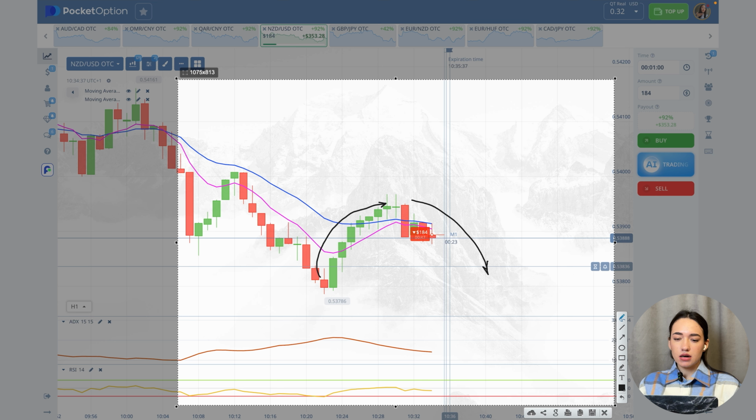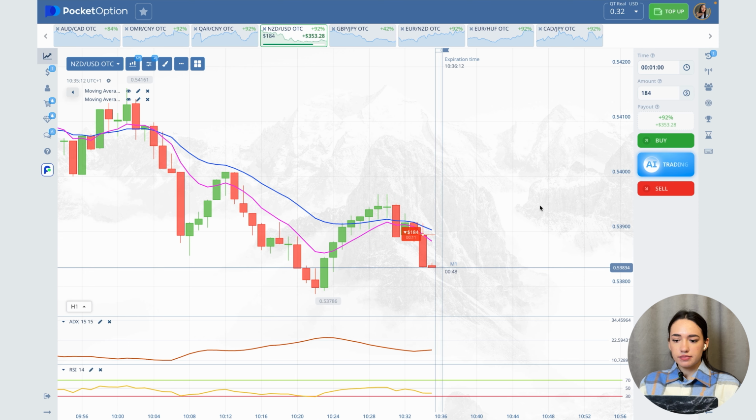Since the overall trend is bearish, I opened this trade in the trend direction, and the RSI line is within the 50 to 30% range, just supporting this decision.